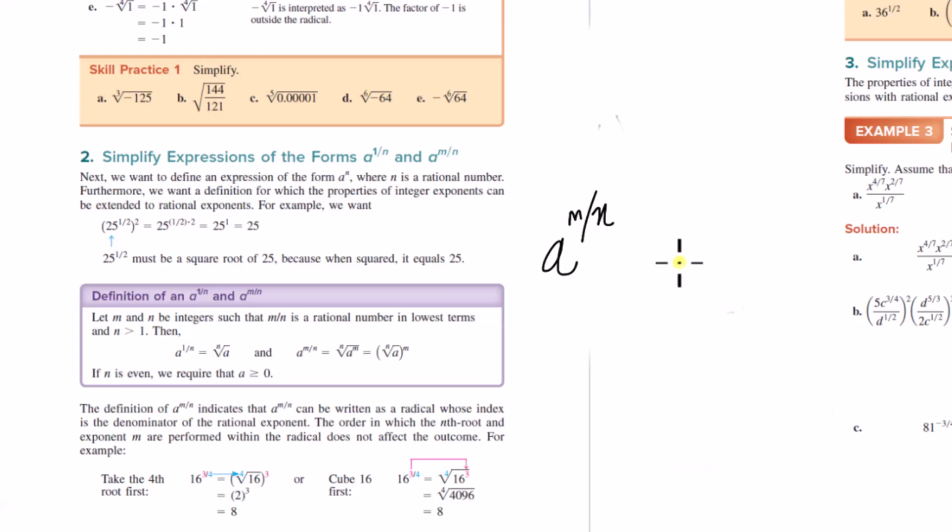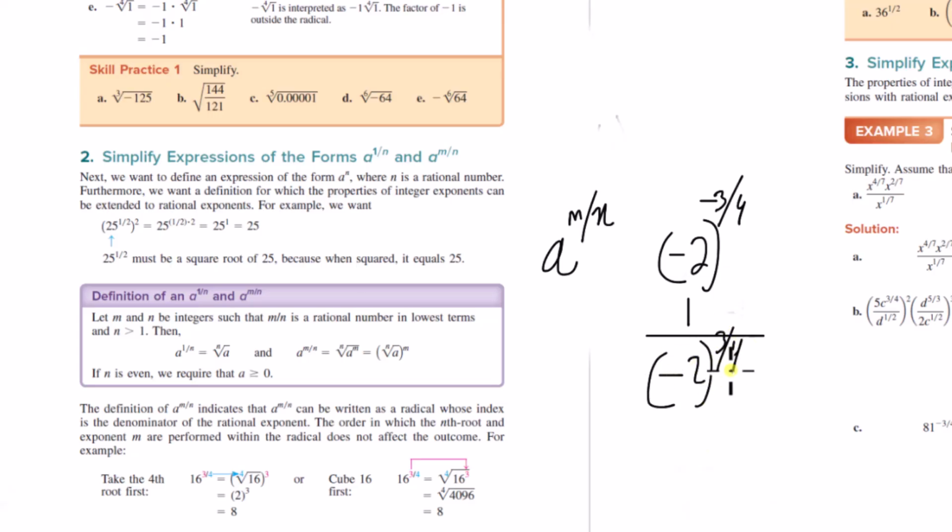No. If you had minus 2 to the 3/4, or 1 over minus 2 to the 3/4, you've got the same problem. You have a fourth root, the principal root, of a negative number. But also note that you could do this.